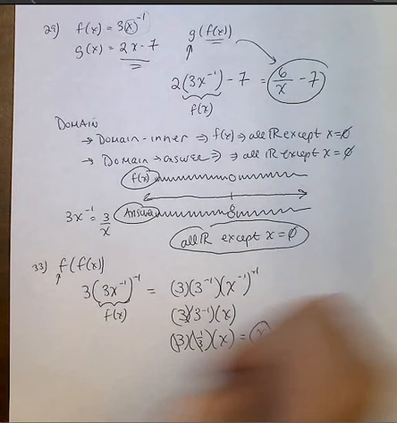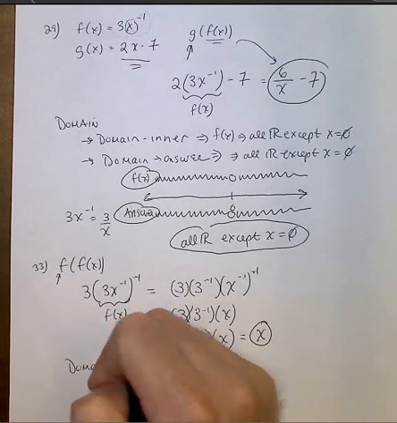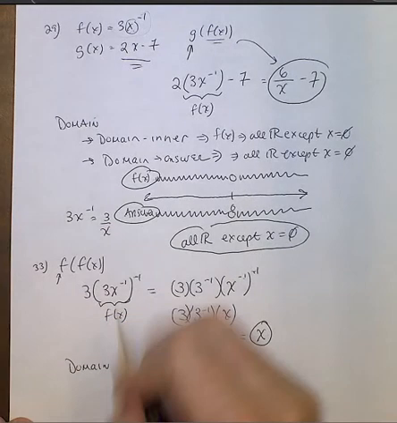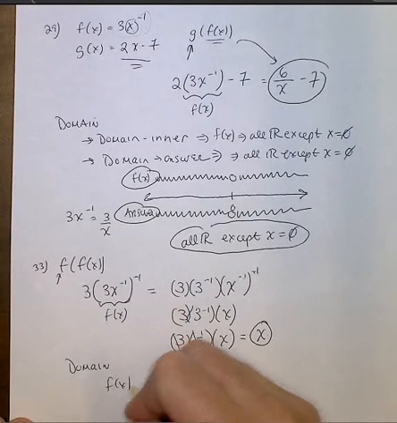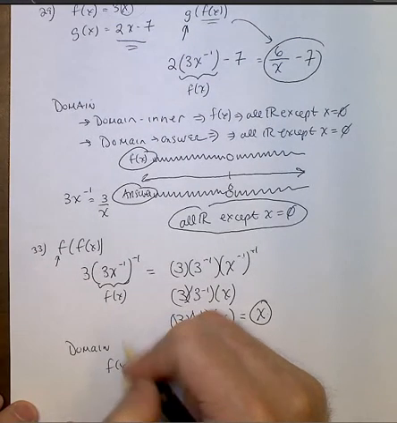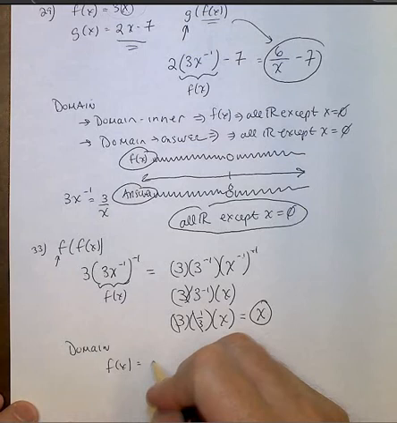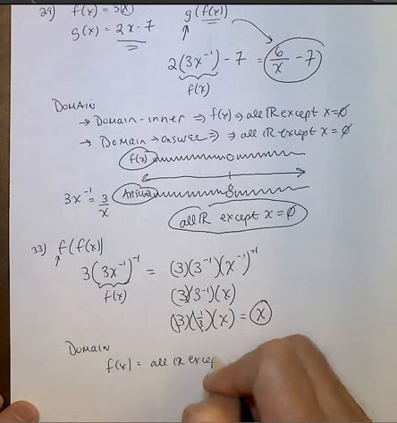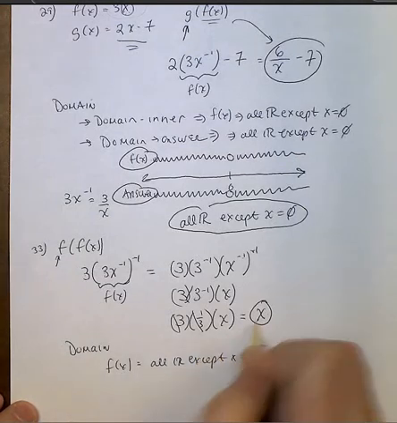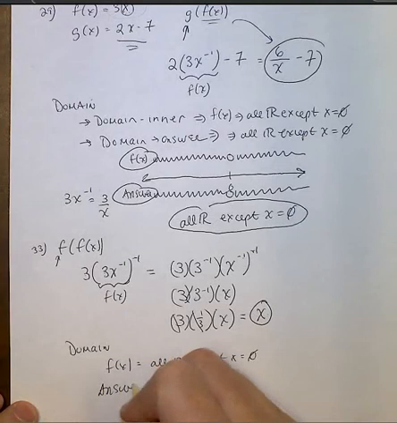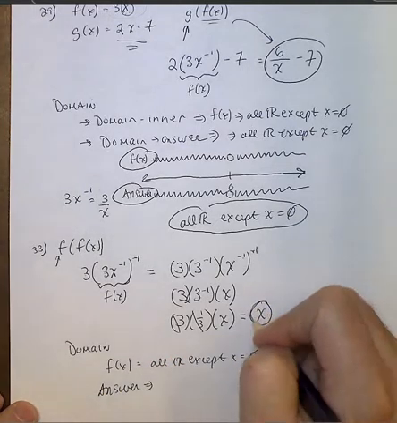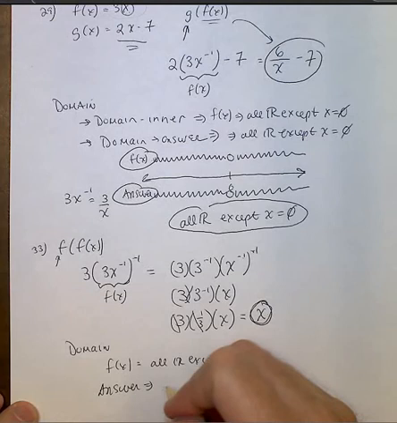Now for the domain of the inner, which is f of x, is all reals except x equals 0. For the answer, there is no restriction. Our answer is x. There's no restriction, so it's all reals.